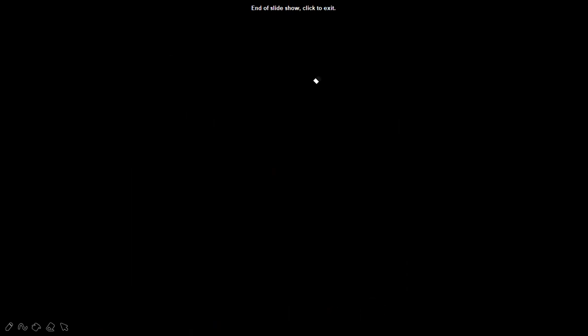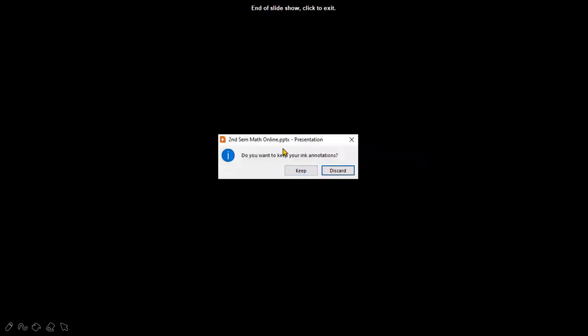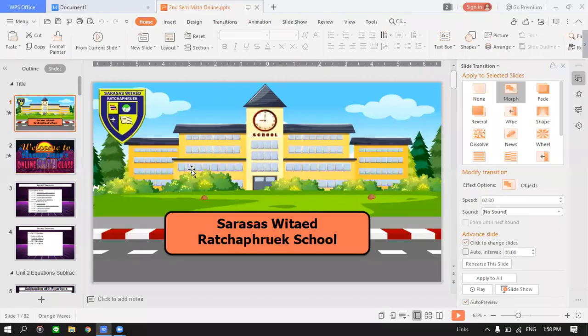So if you only wrote the number, it does not count. Understood? And also, don't forget how to simplify fractions. Okay, after you simplify the fractions, all you have to do is input the formula: length times width times height, or base times height.